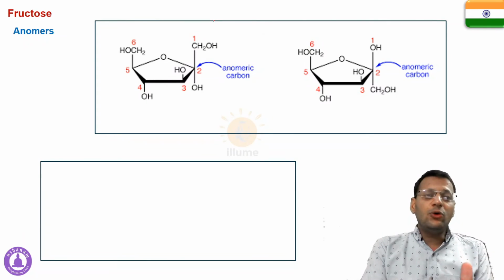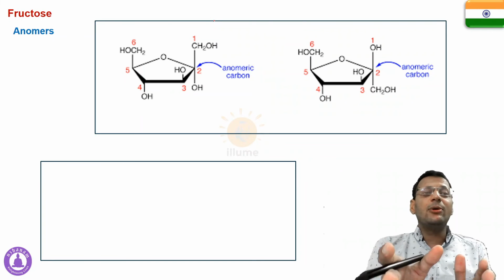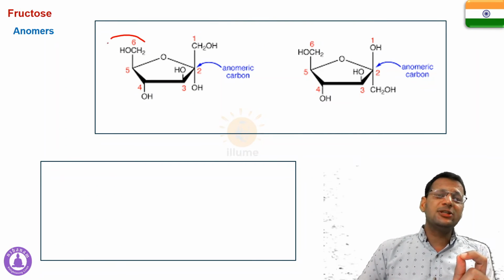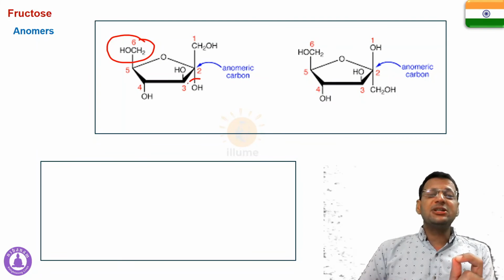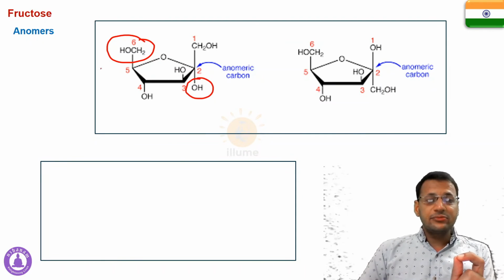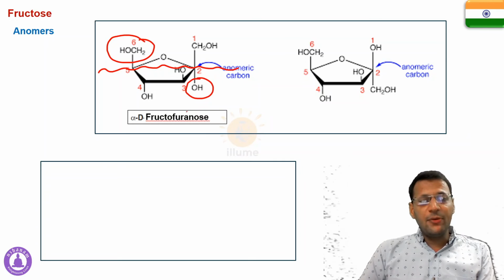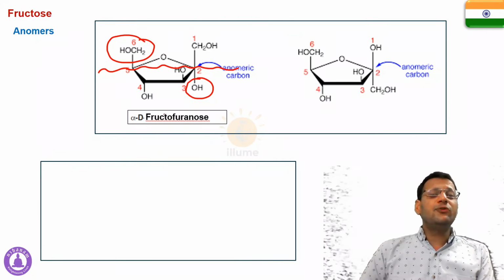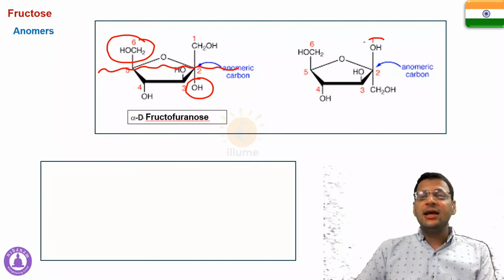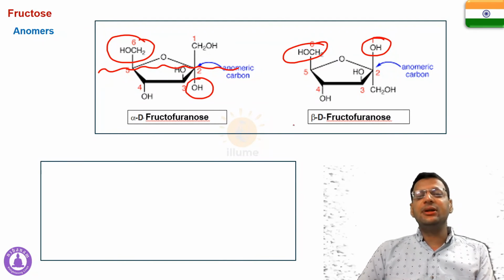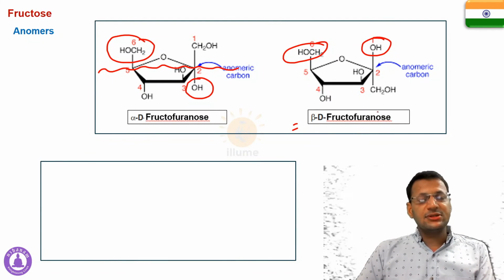Now as I have already discussed naming of anomers, you have to see the CH2OH group and the OH present on the anomeric carbon. If they both are on the opposite side, then this is the alpha form. So this is alpha D-fructofuranose, and if OH and CH2OH are on the same side, then it is called beta D-fructofuranose.